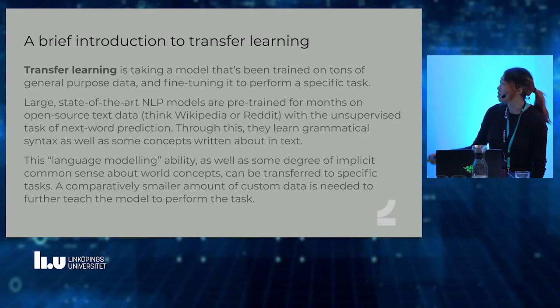So we are collecting custom data for this task, but it's a very, very small amount compared to what was previously needed to train any sort of generative text model.